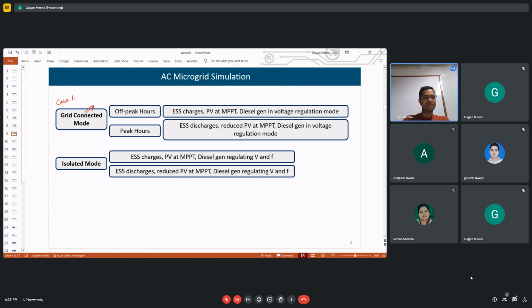Similarly for current, this is the good normal current. Then here we have the distortion because of nonlinear loads. These are notches, high frequency transients, and notches can be because of power electronic converters.